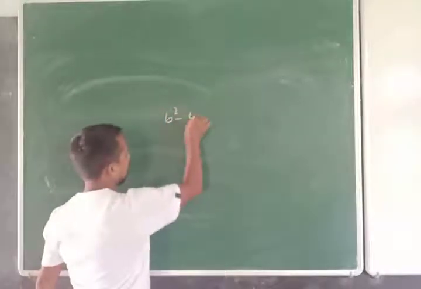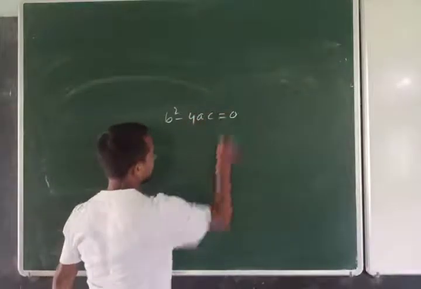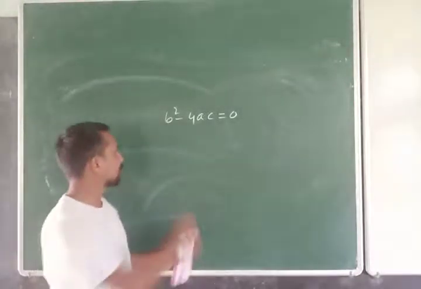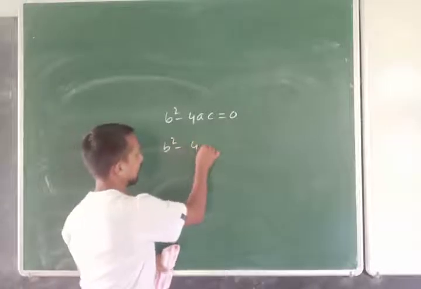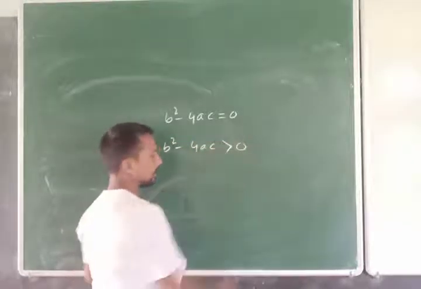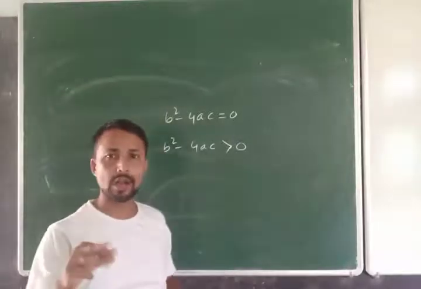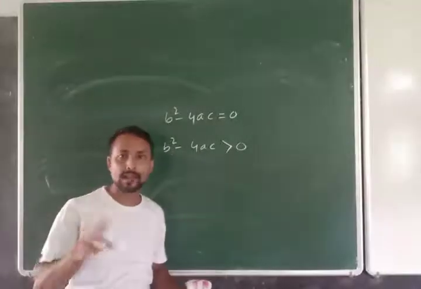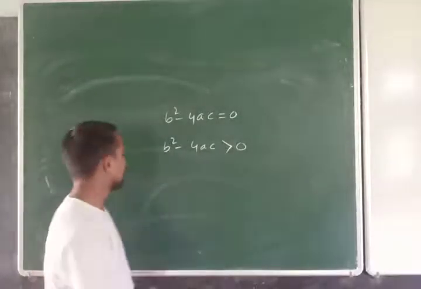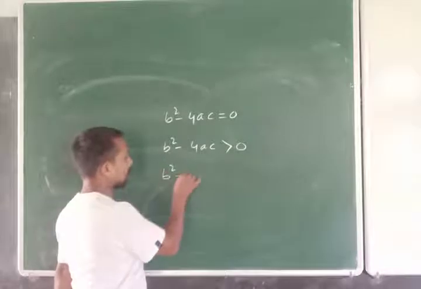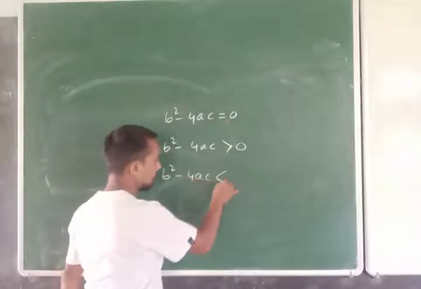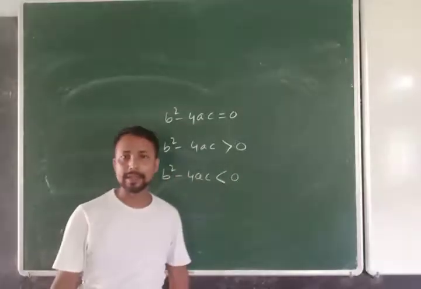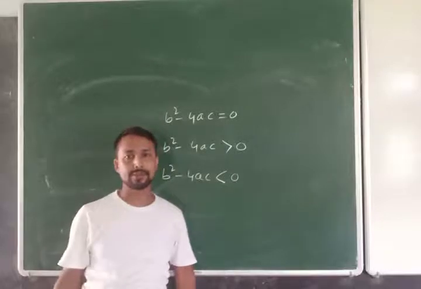B square minus 4ac equal to 0, then roots are equal. If b square minus 4ac is greater than 0, then two roots exist, and those are unequal; they are rational roots. And if b square minus 4ac is less than 0, which means this value is negative, then we get imaginary roots.